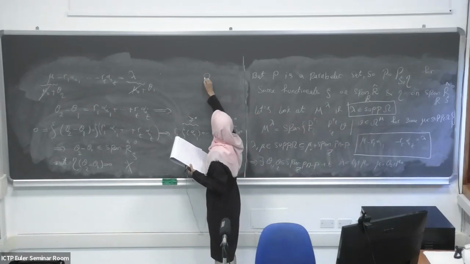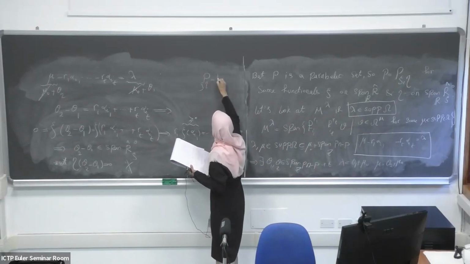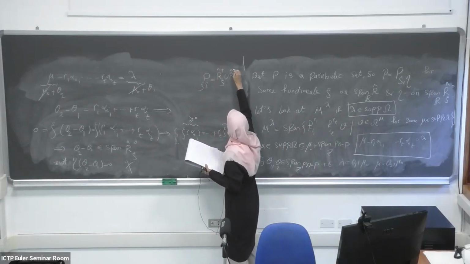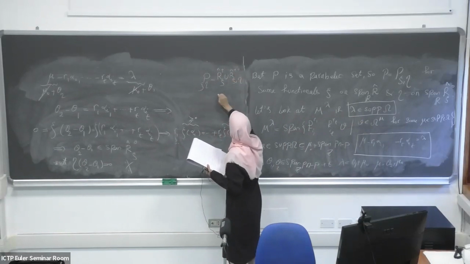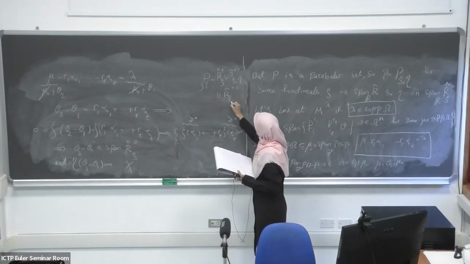We had P eta zeta eta, which is R hat plus zeta, R hat plus zeta eta, R hat null zeta eta.